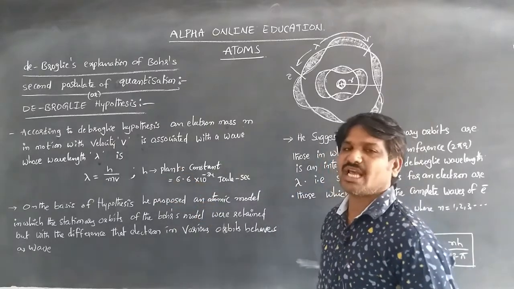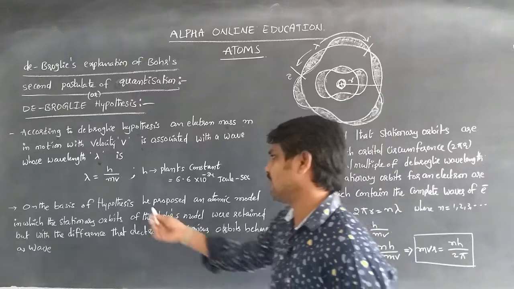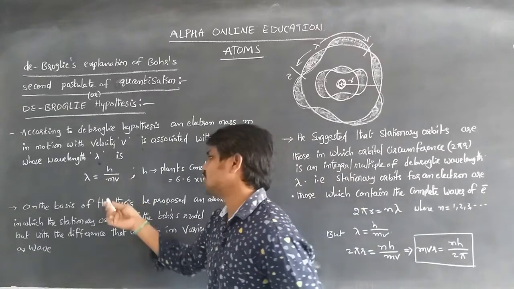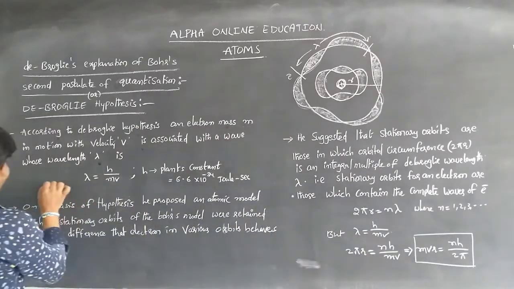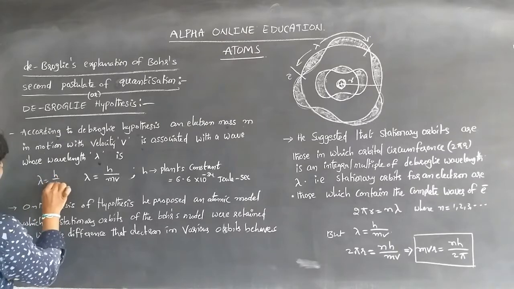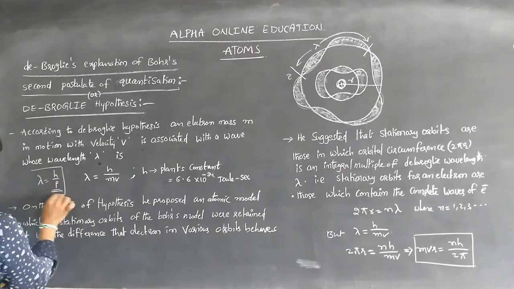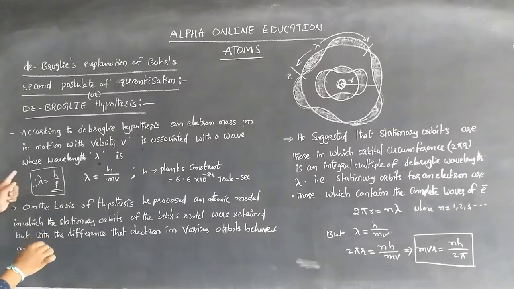Lambda has the value h by mv, which we can also write as lambda is equal to h by p, where p is the momentum, h is Planck's constant and lambda is the wavelength.